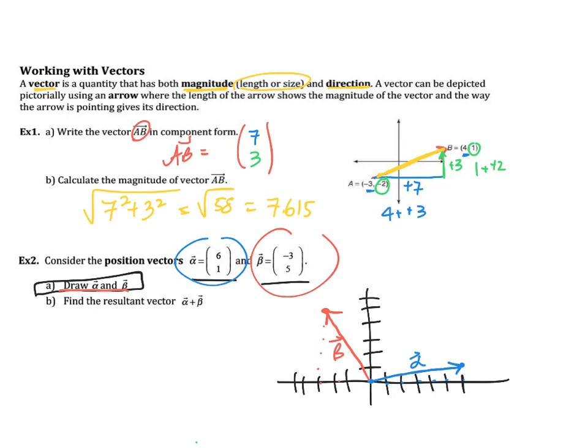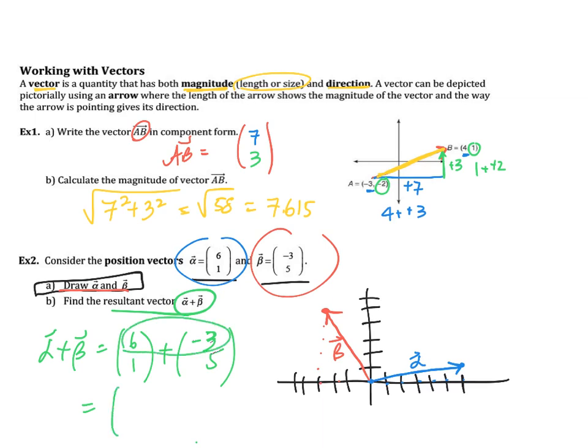The resultant vector, alpha plus beta, you can calculate by just doing <6, 1> plus <-3, 5>. Sorry, I don't know why I put the fraction bar there. That would just be 6 plus -3, which is 3, and 1 plus 5, which is 6.